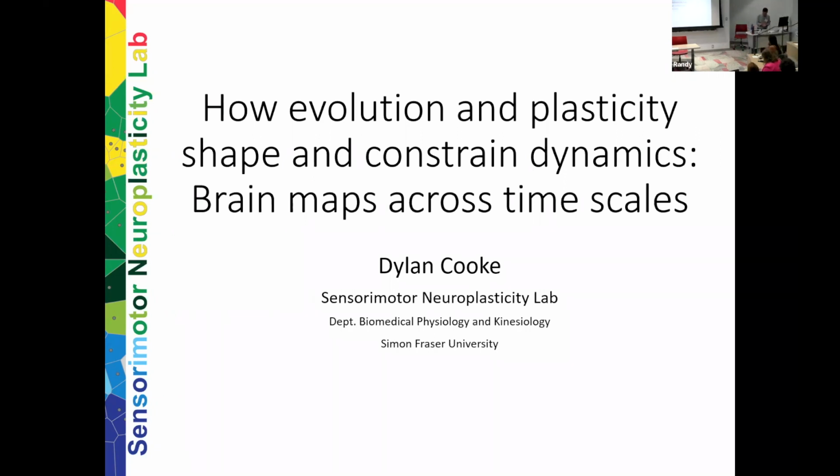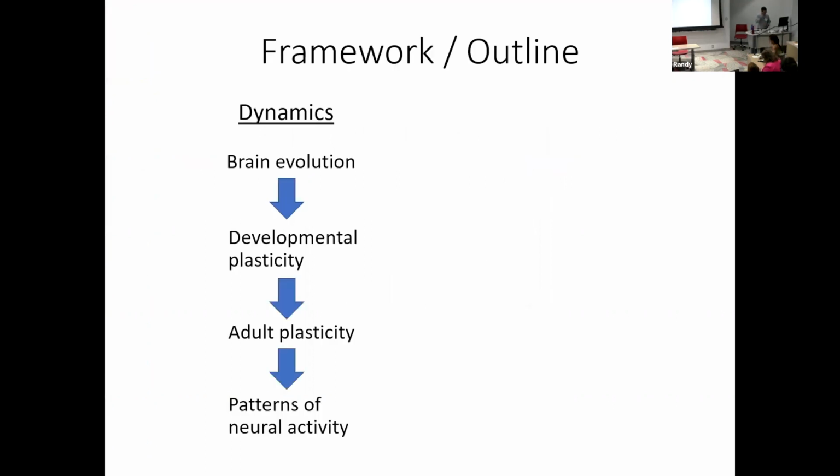Okay, so I'm going to define brain dynamics very broadly. Today I'm going to be talking about brain dynamics across timescales, from brain evolution to developmental plasticity, adult plasticity, to patterns of neural activity.